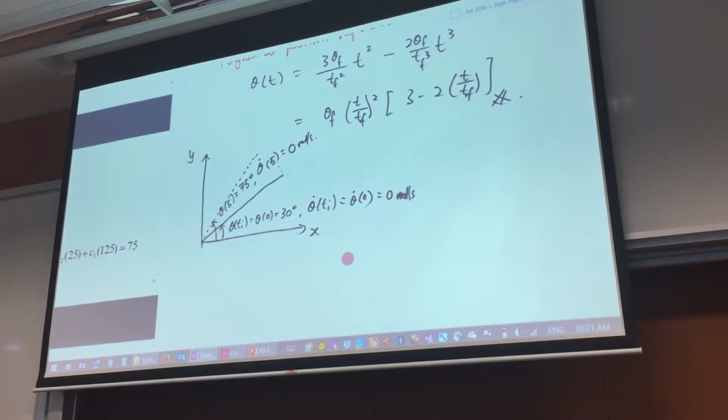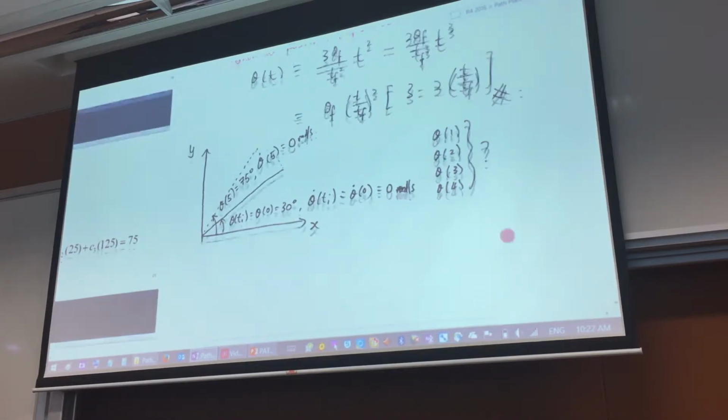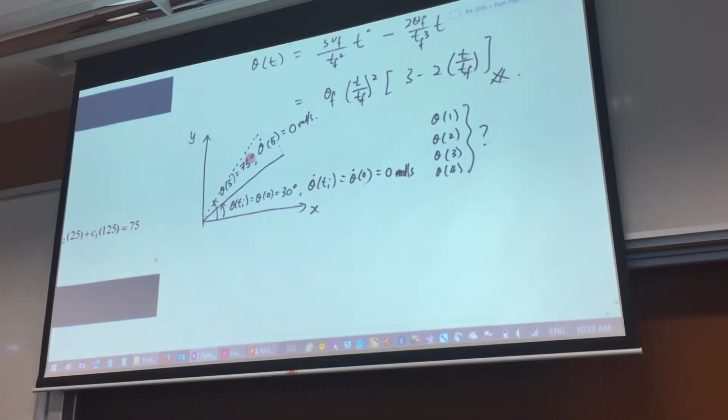So the question asks, can you find out what is theta at first second, second second, third second, and fourth second? That's what the question asks. So since there are 4 boundary conditions, that's why we're using third order polynomial.